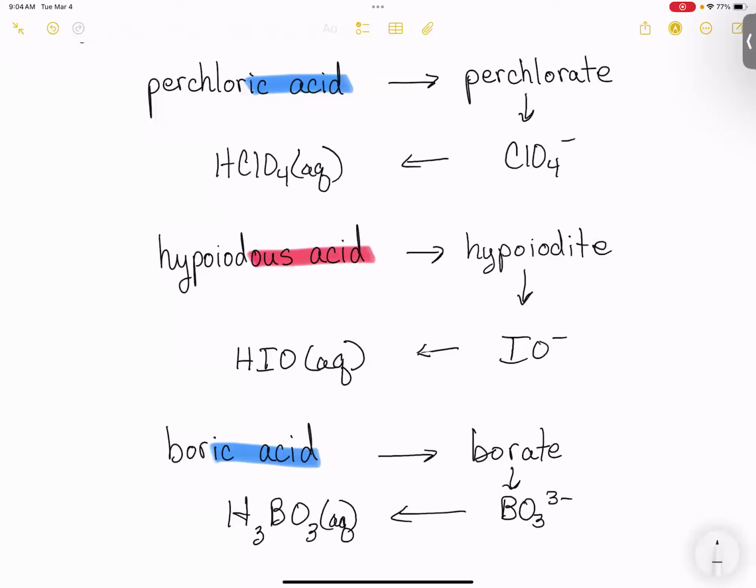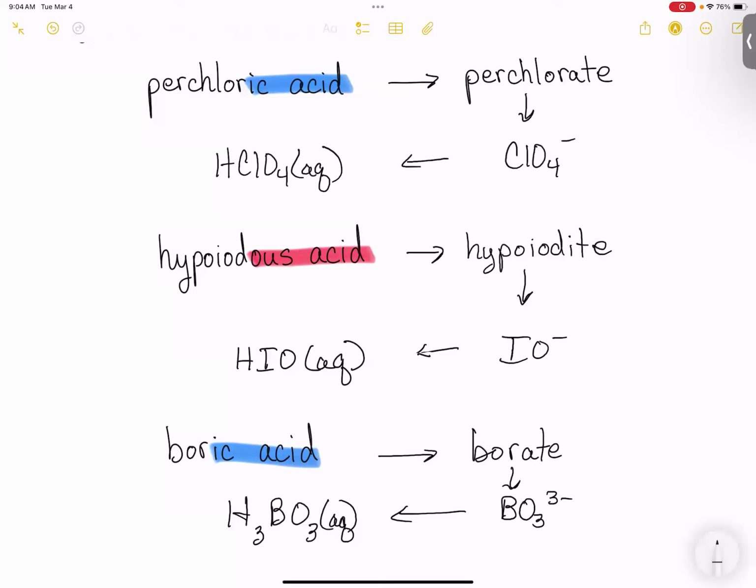So the first thing I did is I looked for -ic acid, hydro-ic acid, and -ous acid. There were no hydros in here, so that means nothing came from an -ide anion. So the -ic acid must have come from perchlorate. Perchlorate is ClO4 minus, so the acid is HClO4 aqueous.